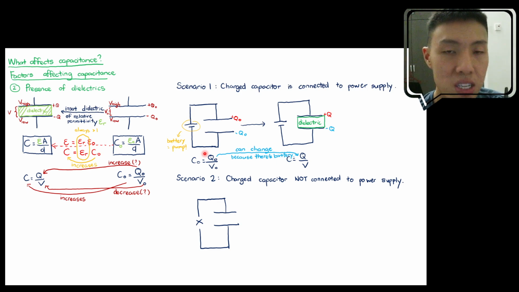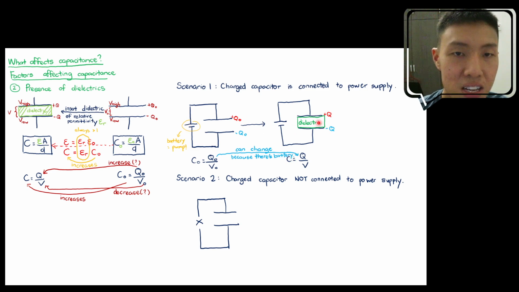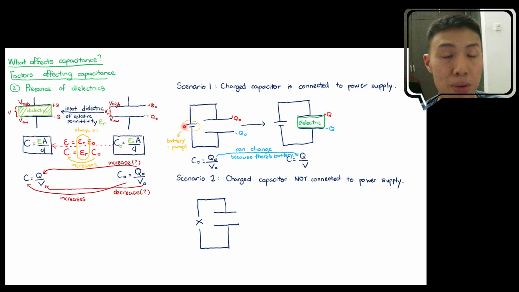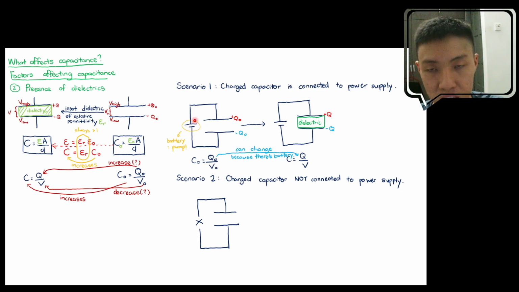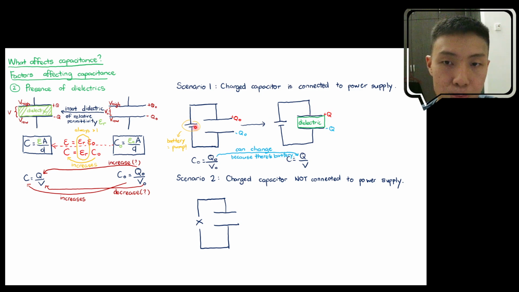If the voltage itself is fixed, it means if I insert a dielectric into the capacitor, it will not affect the voltage of my battery. My battery voltage will remain 9 volt, if I use this battery mentioned earlier. If I use another AA battery, then it might be 1.5 volt, but the battery voltage never changes. So the voltage of the capacitor will have to obey the same voltage as earlier, because the battery is not unplugged yet.